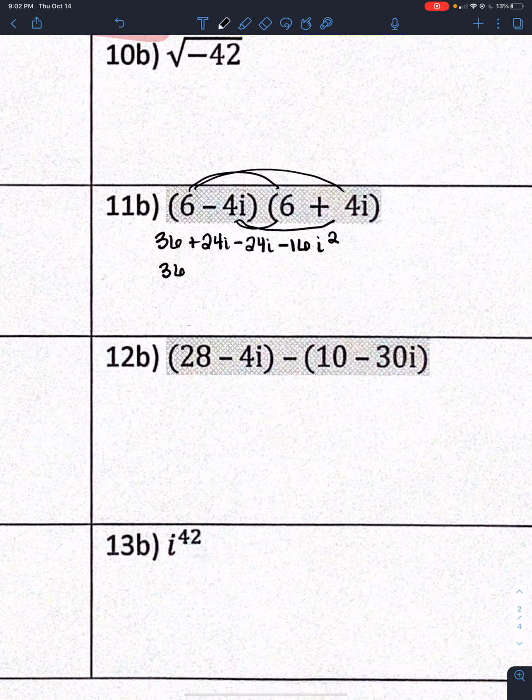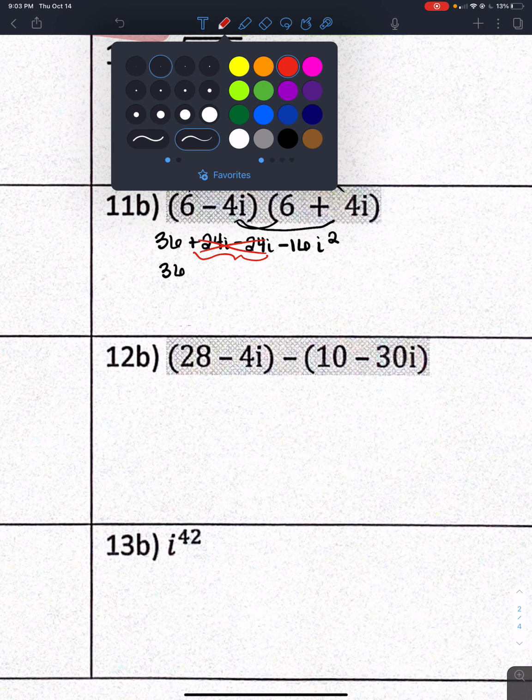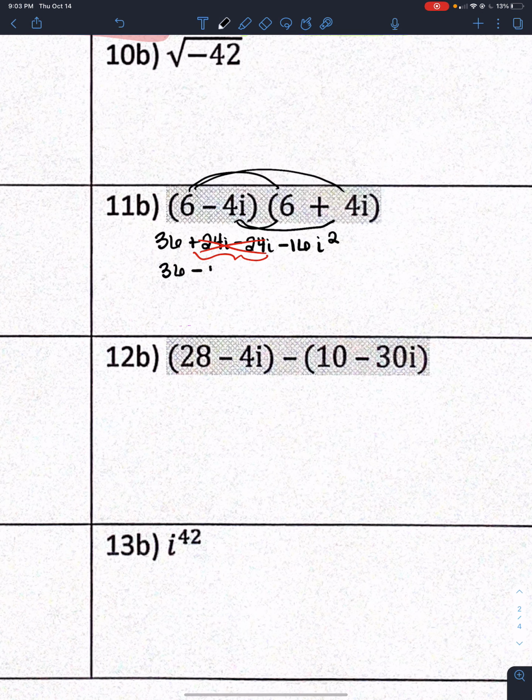We have 36. These two here would cancel out. So I have 36 minus, and i squared always turns into -1.